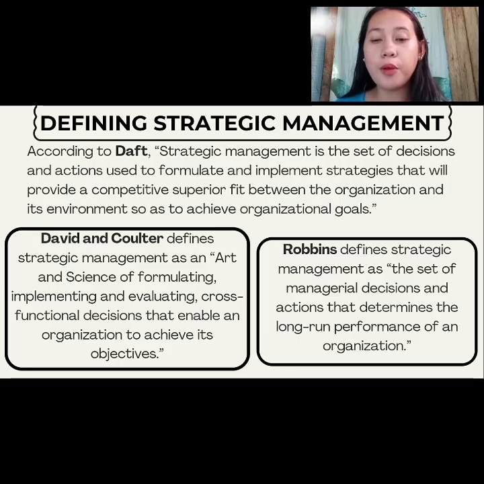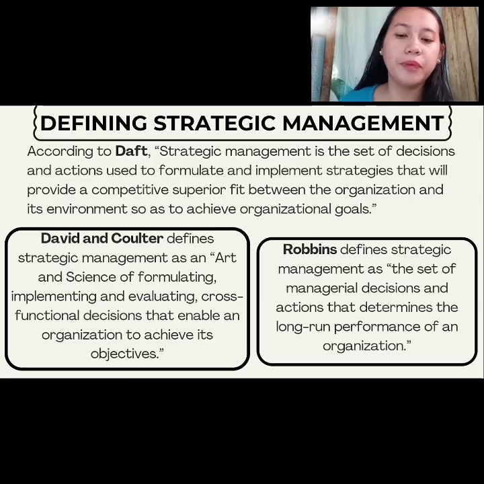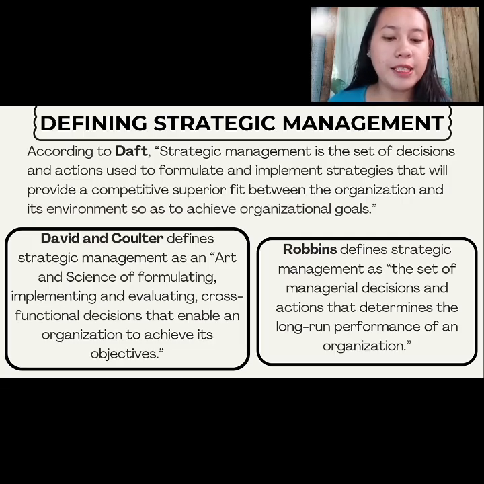Then, Robbins defines strategic management as the set of managerial actions and decisions that determines the long-run performance of an organization. So, this emphasizes identifying the organization's directions and aligning resources to achieve strategic objectives.